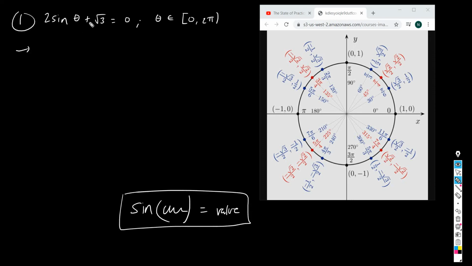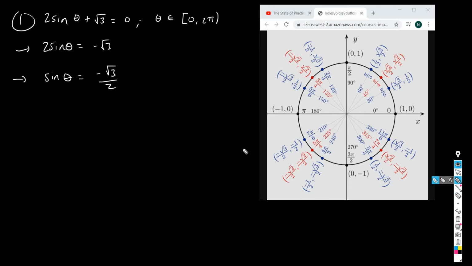So let's get started. I'm gonna subtract the square root of 3. I'm gonna divide both sides over 2, and that's it. I have already achieved this form: sine of some angle equals a value.